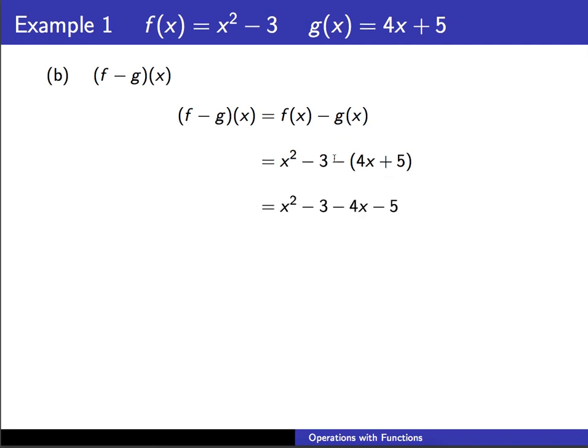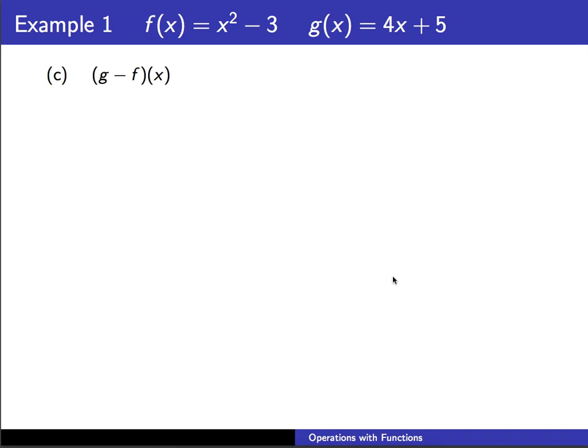So distributing that negative to both terms, we get x squared minus 3, and then minus 4x minus 5. So don't forget to distribute the negative. Combining your like terms, x squared minus 4x, and then negative 3 minus 5 is negative 8. So we get x squared minus 4x minus 8.